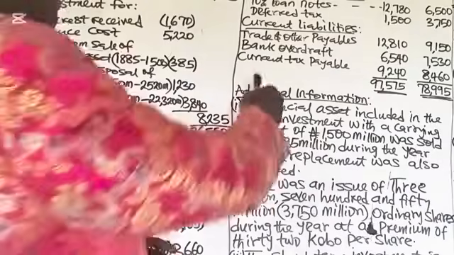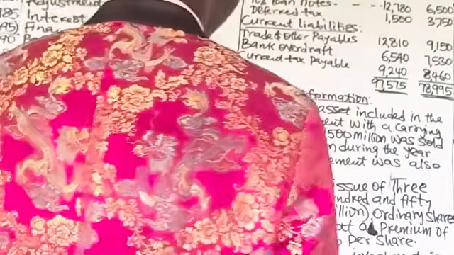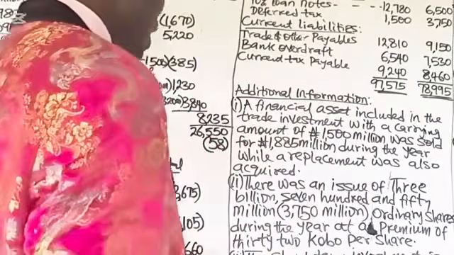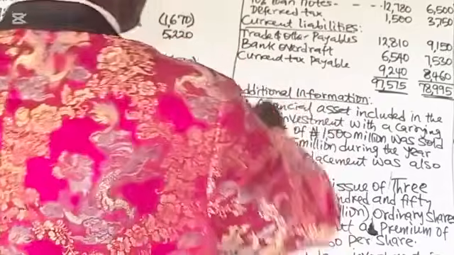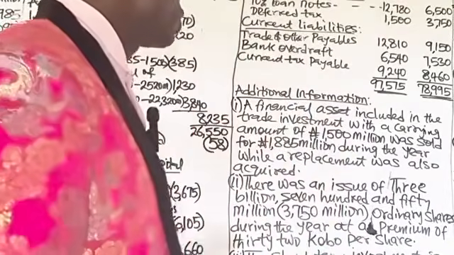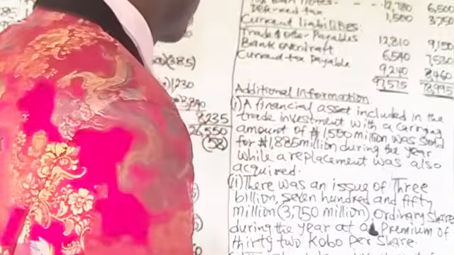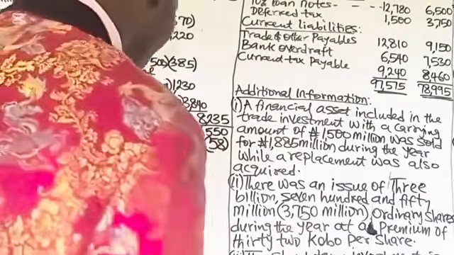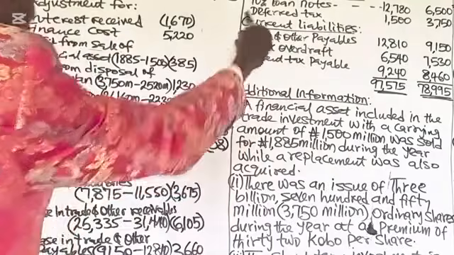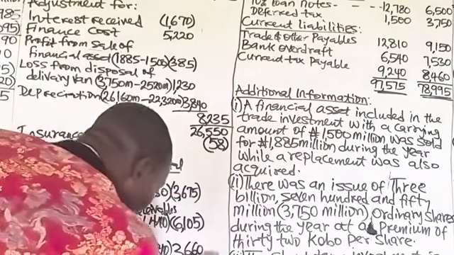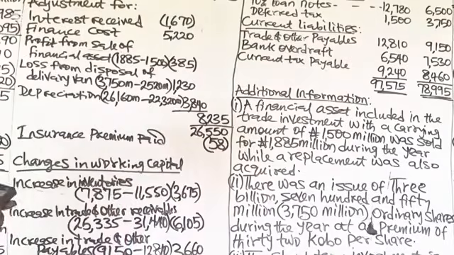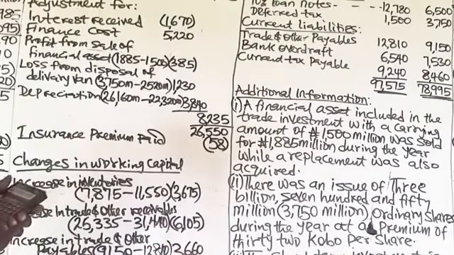Now we have bank overdraft. Bank overdraft is, of course, a cash item, so it should be excluded. Current tax payables will be adjusted in the calculation of the amount of tax paid for the period. Then after all this, since we have done with current assets and current liabilities, what do you have as the total? So you have 3,675, which is negative, minus 6,105. Then you have minus 9,780 plus 3,660.